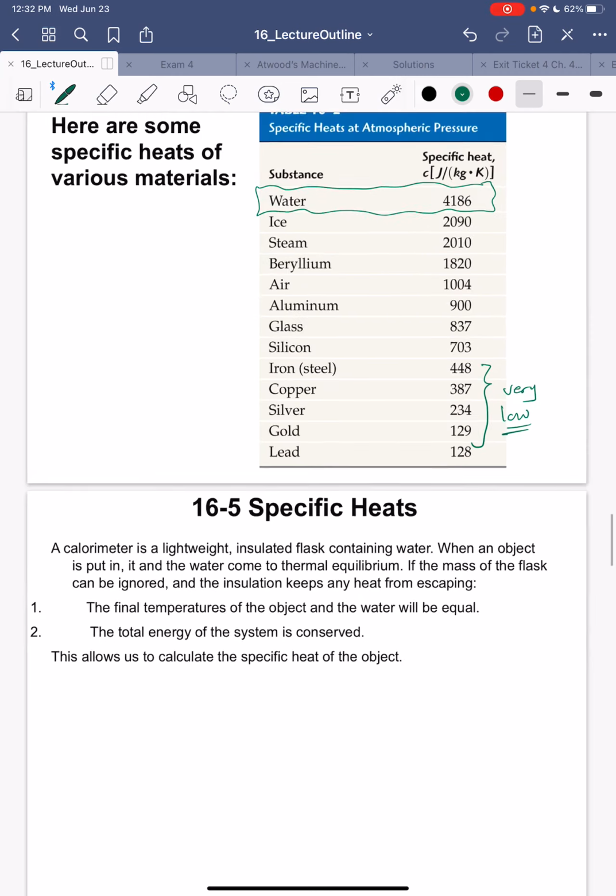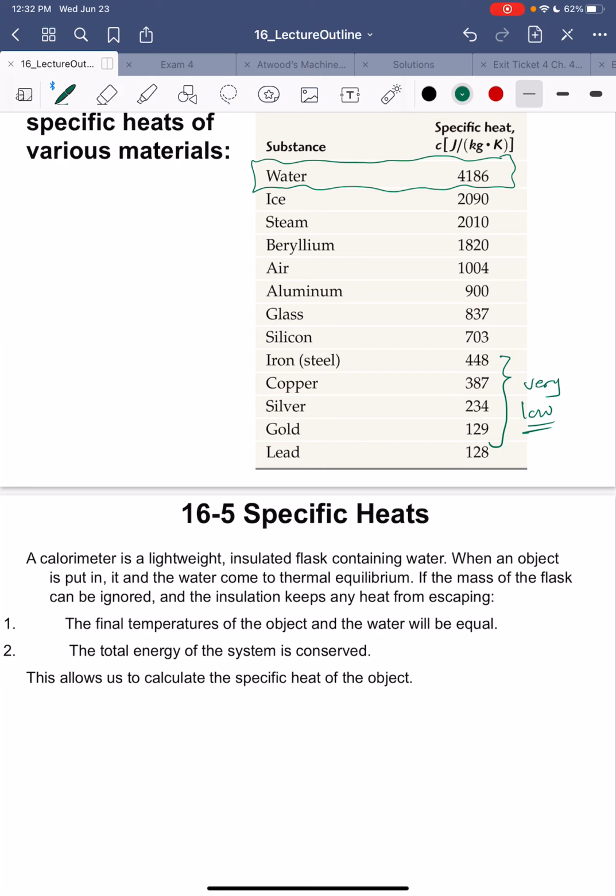In most of our questions, we are going to include calculations of specific heat and final temperature. There are many things that we are going to use.